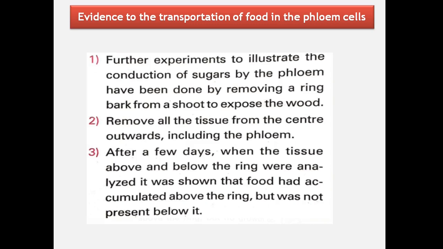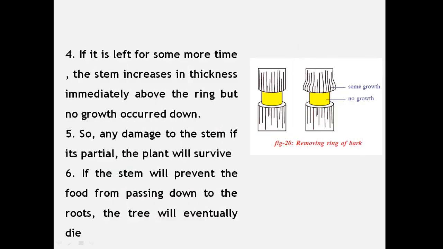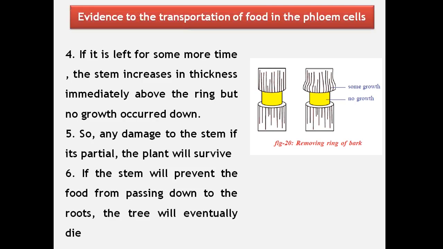After a few days, when the tissue above and below the ring was analyzed, it was shown that the food has accumulated above the ring and was not present below it. If it is left for some more time, the stem increases in thickness immediately above the ring, but no growth occurred below the ring.